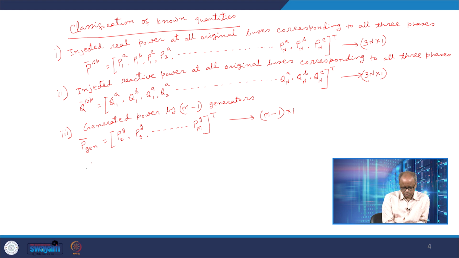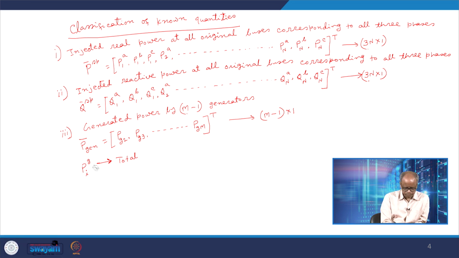Now here, I should not use the convention PIG, as it will cause confusion. It is better to write PG2, PG3, up to PGM.